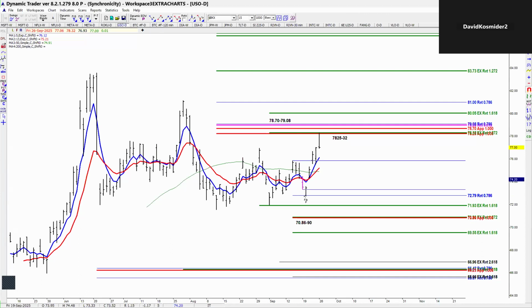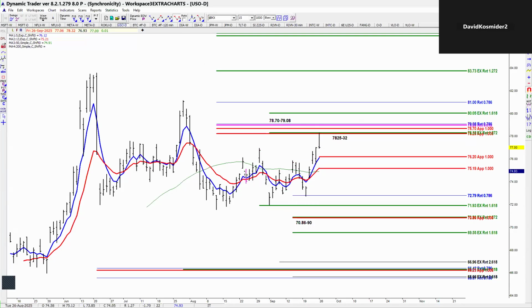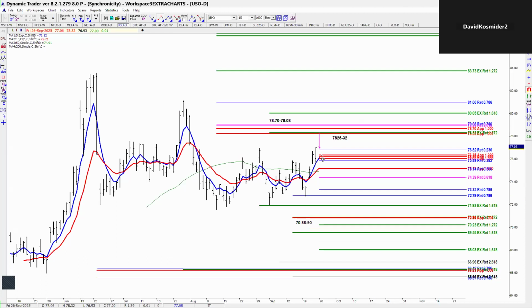I mean, we basically run the projections of these prior two swings or anything else that we have in the past that makes sense. Like I can even use this one over here. And run those retracements. I can also run this low to the highest high, and then this one.